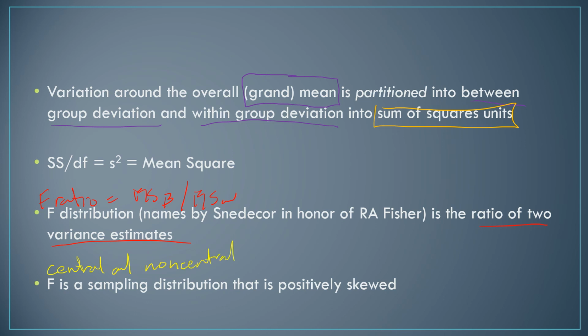And it's really looking at how much of your non-central distribution is falling within that 5% region of significance for the central F distribution. So this is part of how you are able to determine the statistical significance of your F statistic or your F ratio. But it's really important that the distribution of F is meeting the assumptions of ANOVA so that you are able to compare it to the central F distribution.